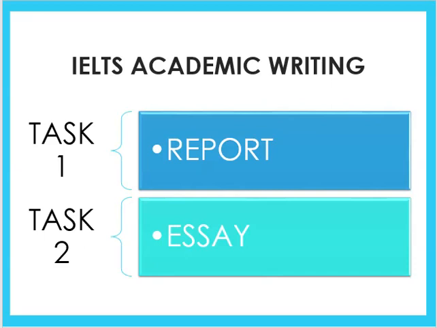So this is task 1, and the time given to complete this task is approximately 20 minutes. However, you can plan the time, but the overall time given for the writing test is 60 minutes. So if you are taking more time for task 1, please do manage the time for task 2 and see that you are completing both the tasks within the time frame.